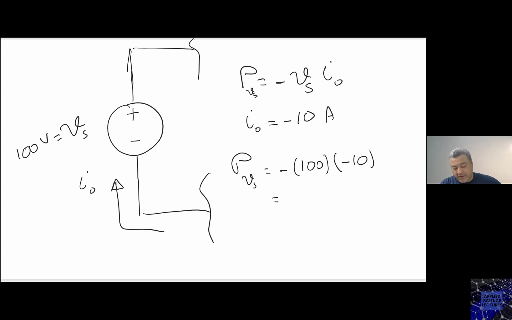This makes it 1,000 watt. Since it's positive now, this power is being absorbed. This voltage source is absorbing power. You can look at this voltage source, for example, as a battery, and this battery is absorbing power or being charged.